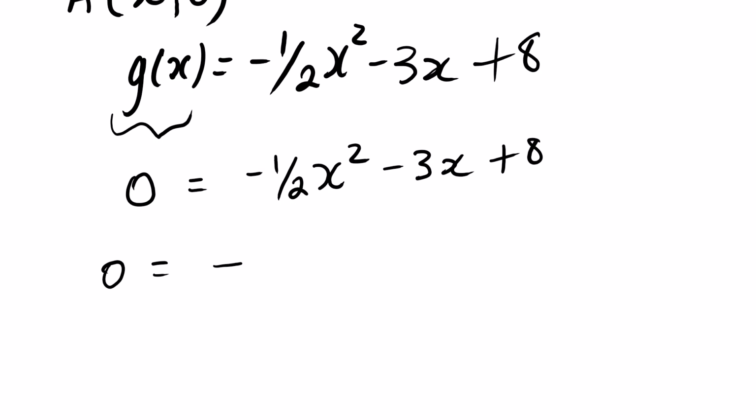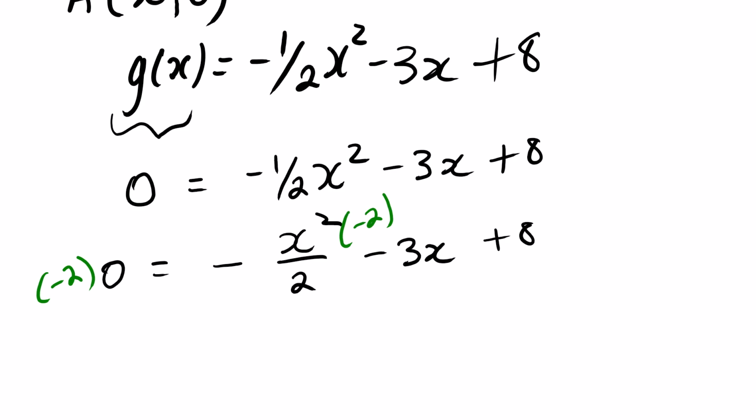So let me just rewrite this like this. The first thing that we need to do, we need to simplify the bracket. We need to get rid of the bracket, and then we also need to get rid of this negative sign. So we multiply each and every term by the number causing the fraction and negative. So we multiply by -2.